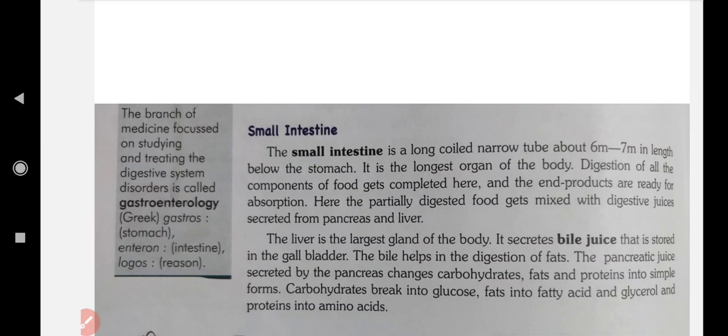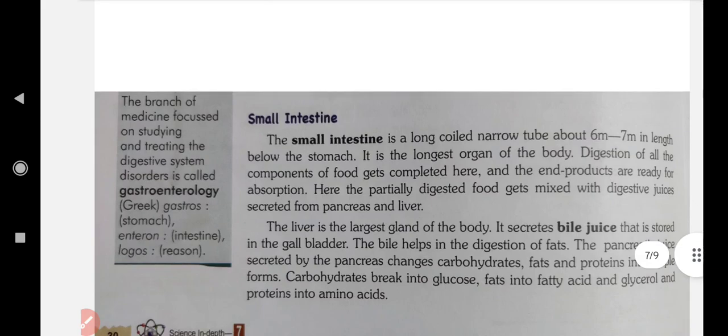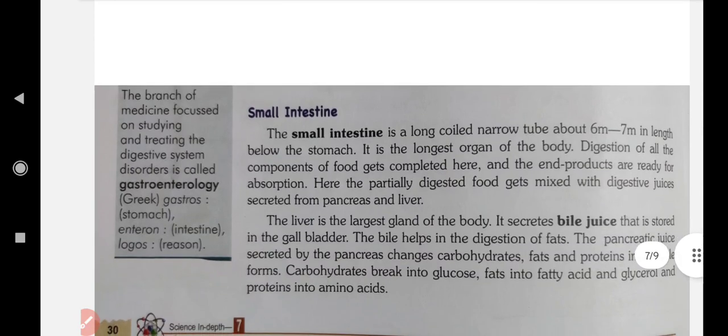So children, you remember the longest organ of the body is small intestine. Digestion of all the components of the food gets completed here. So almost all digestion is completed where? In small intestine. And the end products are ready for absorption.